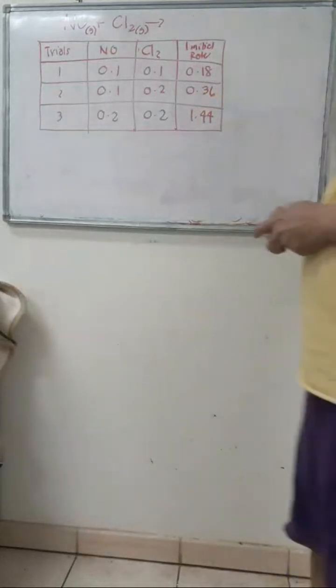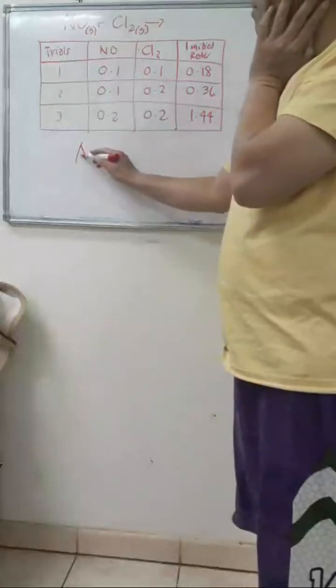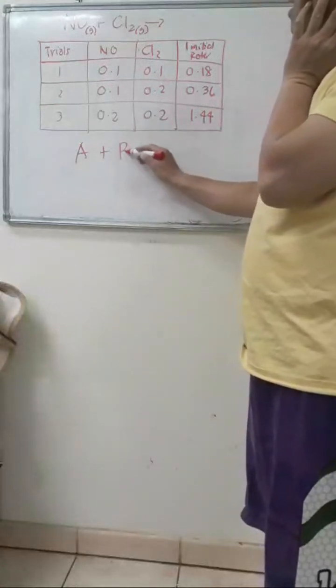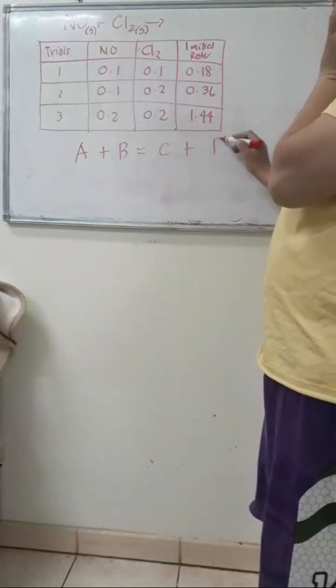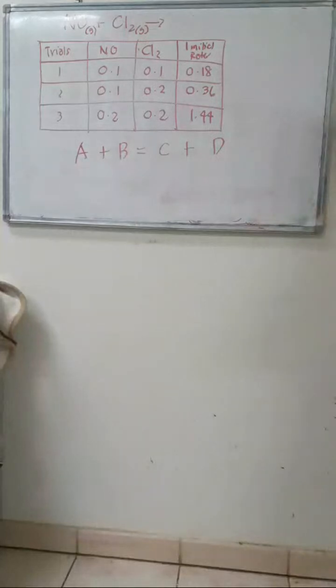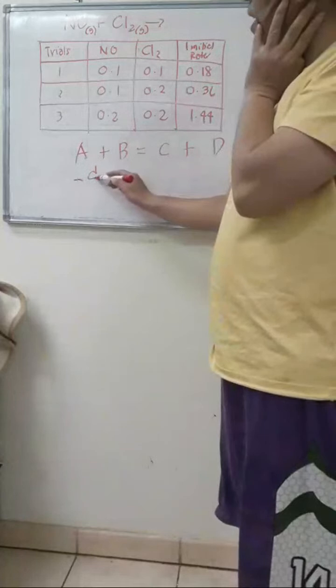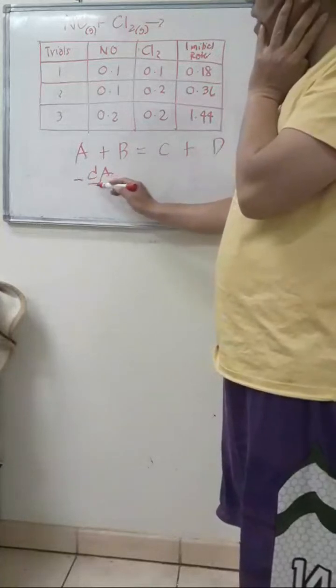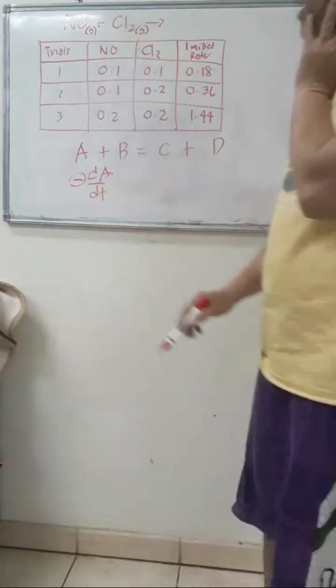No questions yet, right? So for example, the reaction, just an example only: A plus B is equal to C plus D. This is just a hypothetical example. So we have negative dA over dt. Why negative?